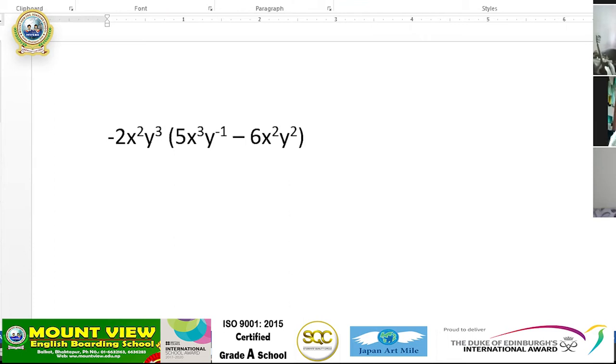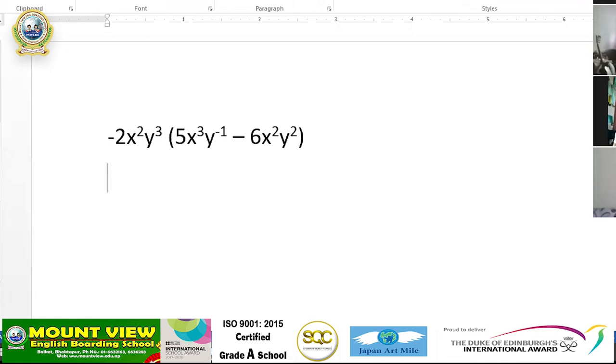This was the question. We had to multiply this, and as we can see, inside the bracket we have a binomial, which is 5x cube y to the power minus 1 minus 6x square y square. Since there are two terms, it is a binomial. But on the outside of the bracket we have a monomial, which is minus 2x square y cube. It's a monomial.